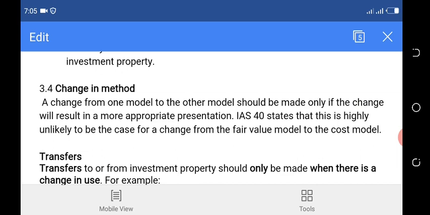A change from one model to the other model should be made only if the change will result in a more appropriate presentation. IAS 40 states that this is highly unlikely to be the case for a change from the fair value model to the cost model.